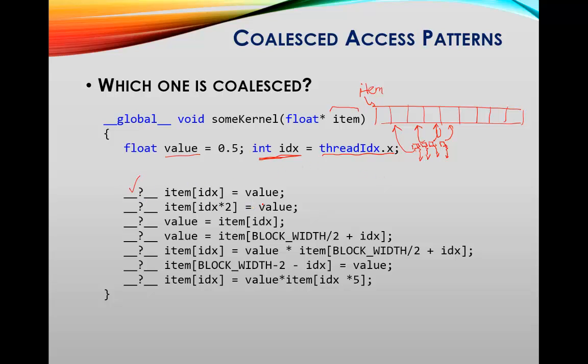The second line stores its value into its thread location times 2. So what happens here? This is my threads. The first thread takes the value and writes it into location 0. The next thread takes the value and writes it into 2 times I, for each thread.